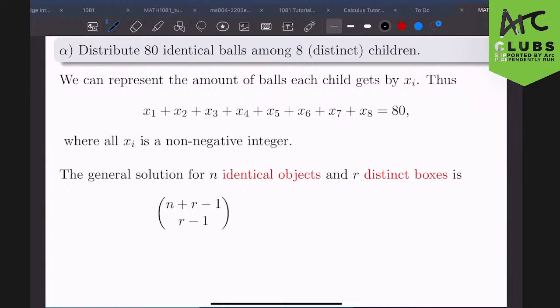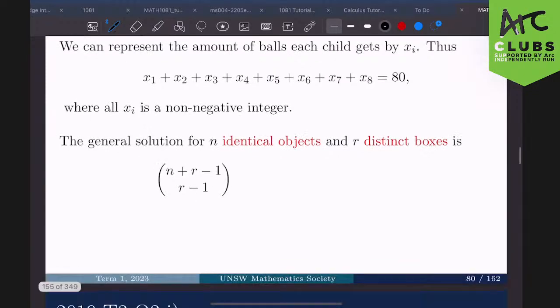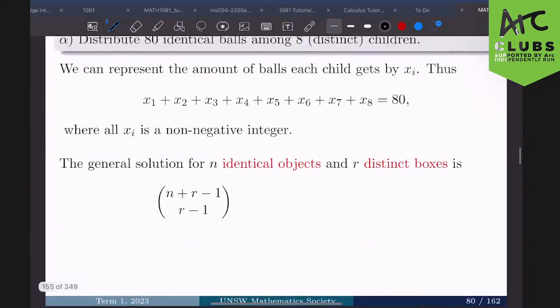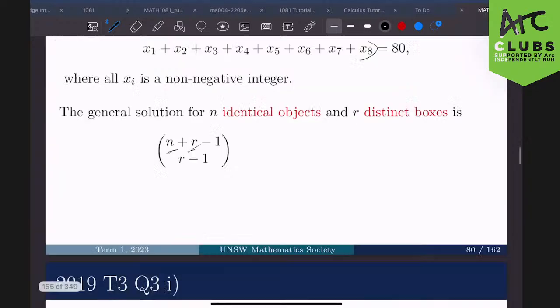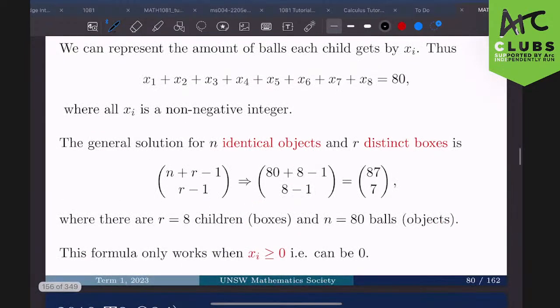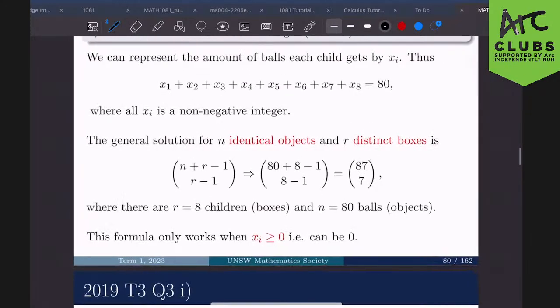So I think this form is much more familiar, and we just use this formula, where n is 80 and r is 8 children, and using this formula we can see that's 87 choose 7, or a combination of 87 and 7.